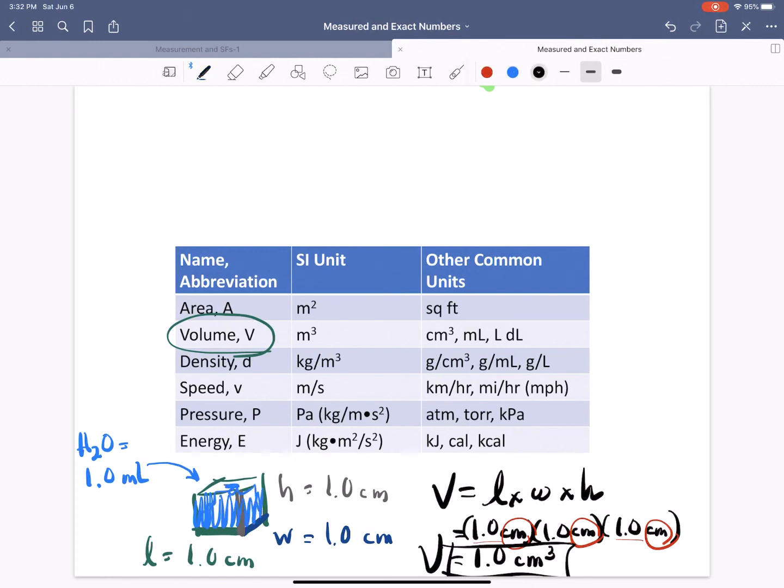Which brings us to a relationship that we probably need to memorize, and that is that 1 milliliter of anything, not just water, equals 1 cubic centimeter, which sometimes, maybe in a hospital setting, might be called 1 cc, cubic centimeter.